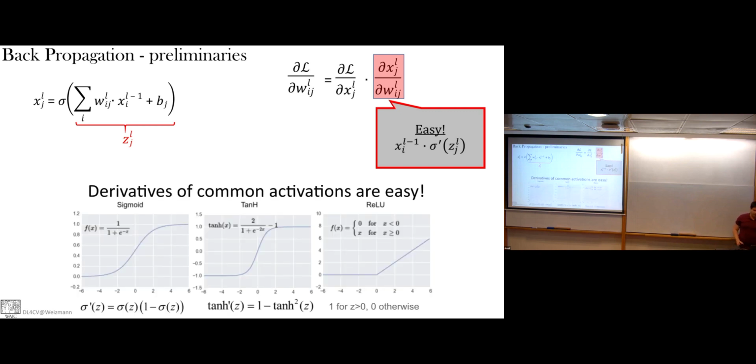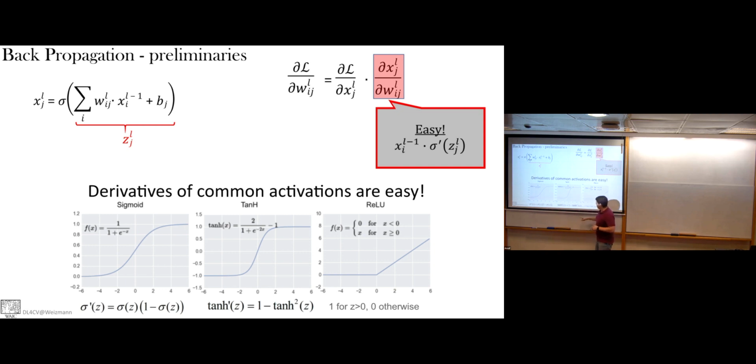If we look at the common activation functions, their derivatives are very straightforward. For sigmoid, you can verify later if you want to prove those things, the derivative is the result multiplied by 1 minus the result.